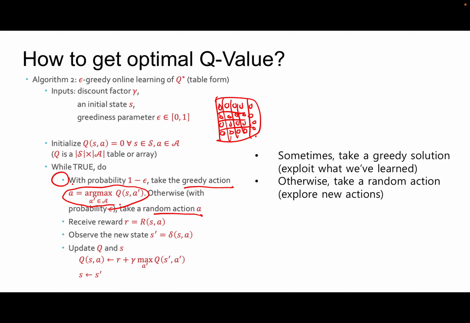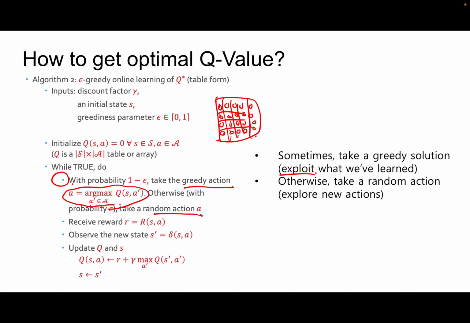But after some iterations, some numbers are filled with non-zero values, and then we can exploit such numbers instead of always taking random actions. Exploit means use or utilize. So sometimes we take a greedy solution so that we exploit what we've learned so far.